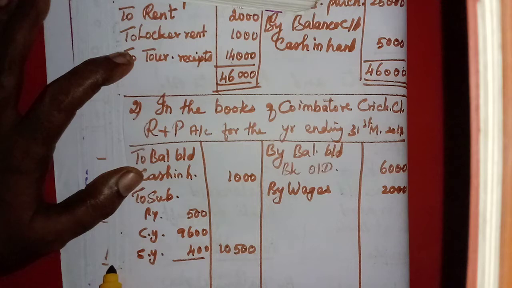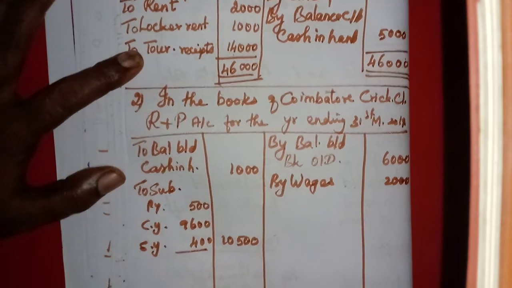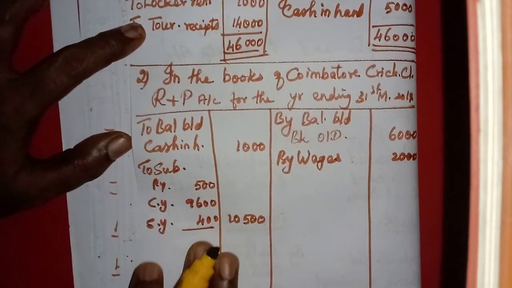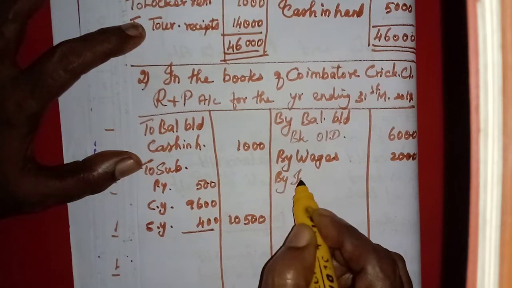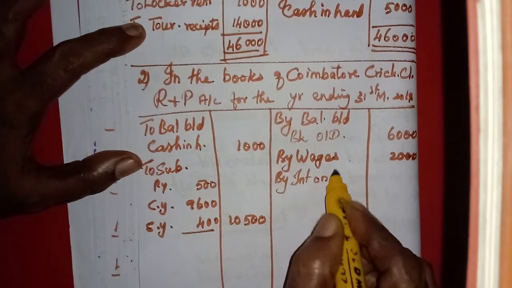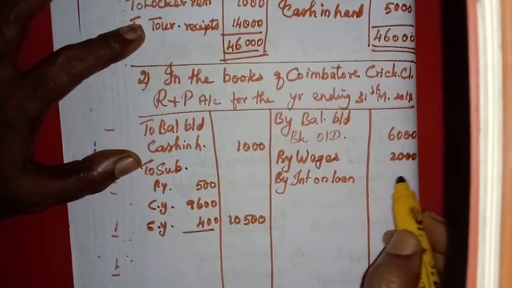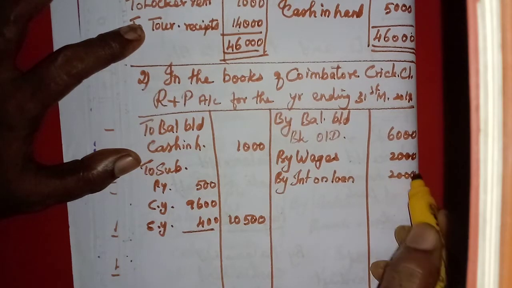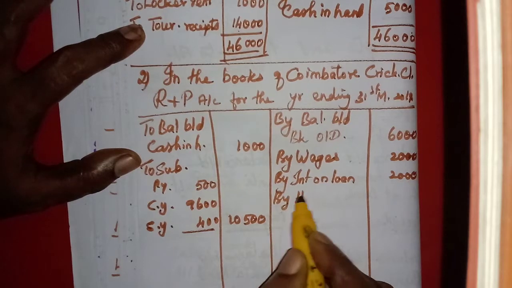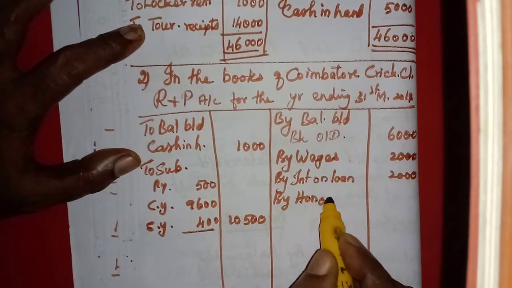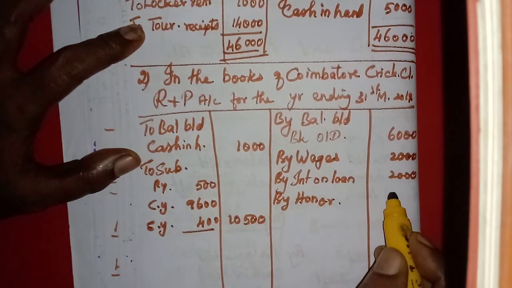Then wages yet to be paid will not come because that expense is not yet paid. Okay, it won't come. Then interest on loan paid. So by interest on loan, 2,000. Honorarium paid, 2,800.